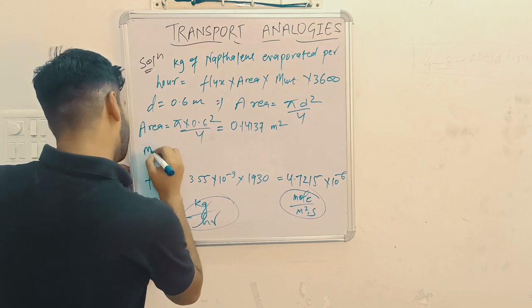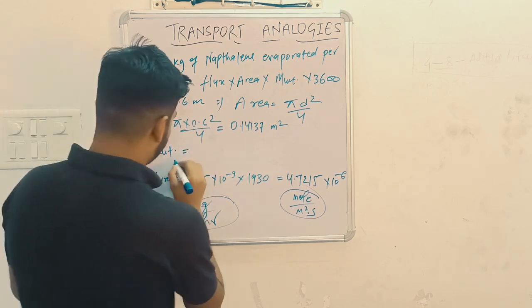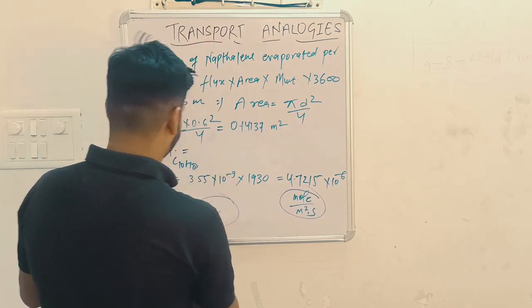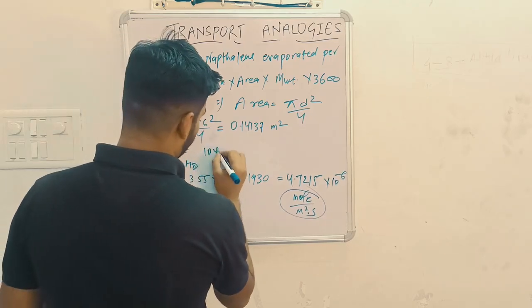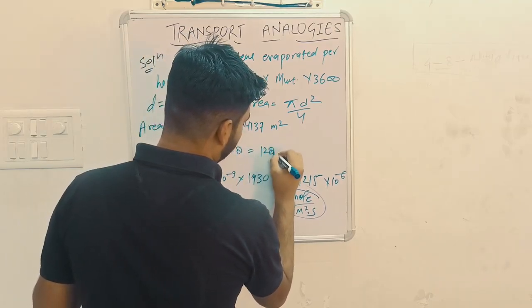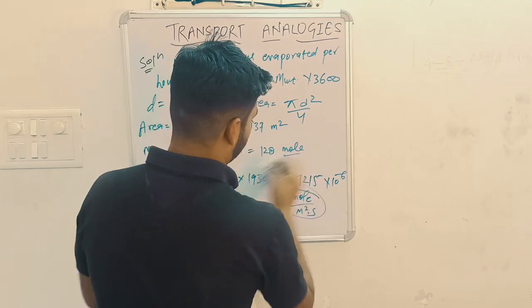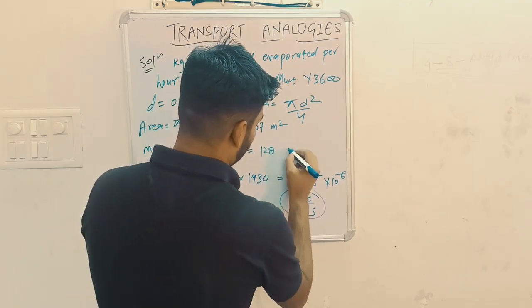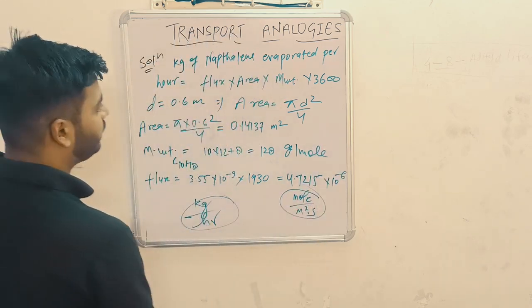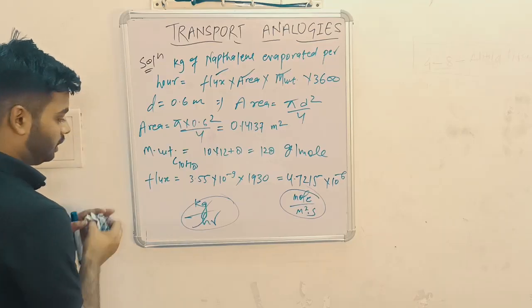Also molecular weight for naphthalene, that is C10H8, equal to 10 into 12 plus 8, which is 128 gram per mole. So we have got this, and we already have the formula.